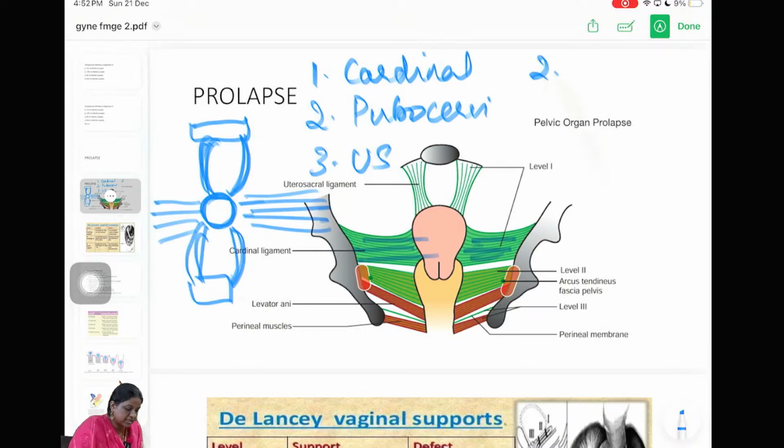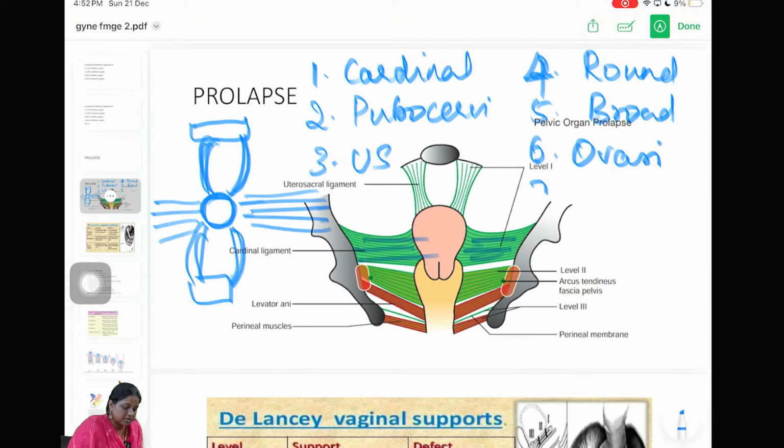Apart from that, the other ligaments we know of are the round ligament, the broad ligament, and two ligaments supporting the ovaries, the ovarian ligament and the infundibulopelvic ligament. But these are not important for uterine support. Only the major supports are the cardinal ligament, uterosacral, and the pubocervical ligament.